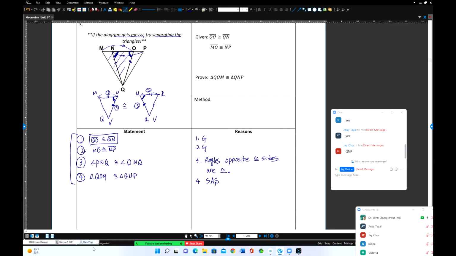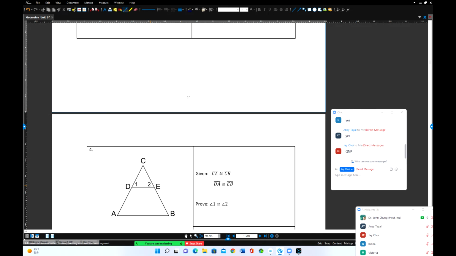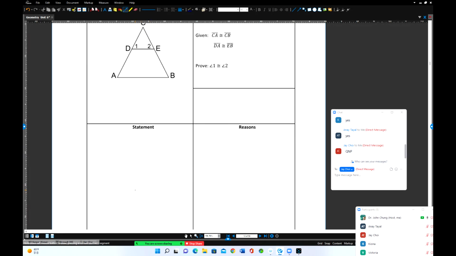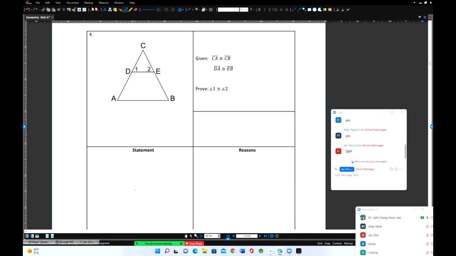All right, then move on to the next question over here. Number 4. You guys take a look at this number 4 and think about which way you have to go. Side, angle, angle, side. Which one do you have to check? Give me the method over here, okay?